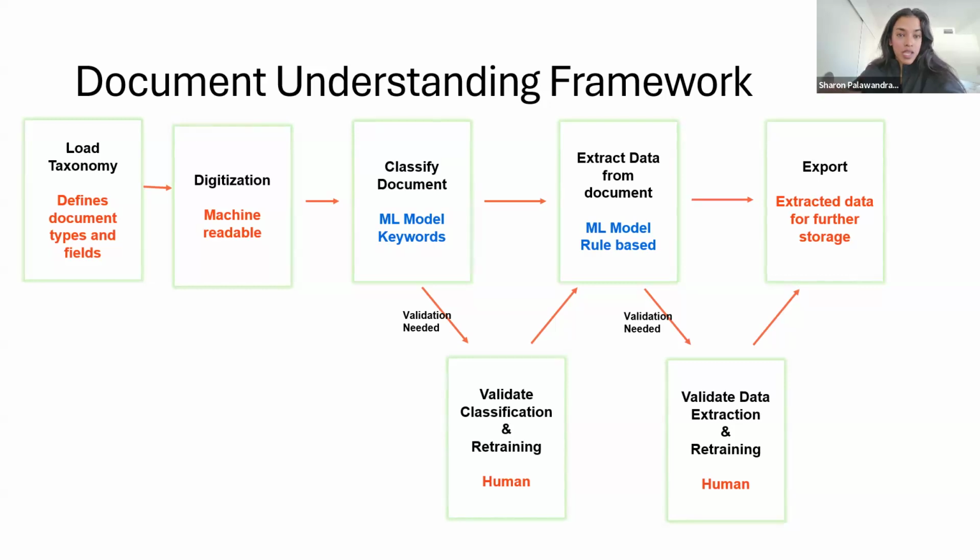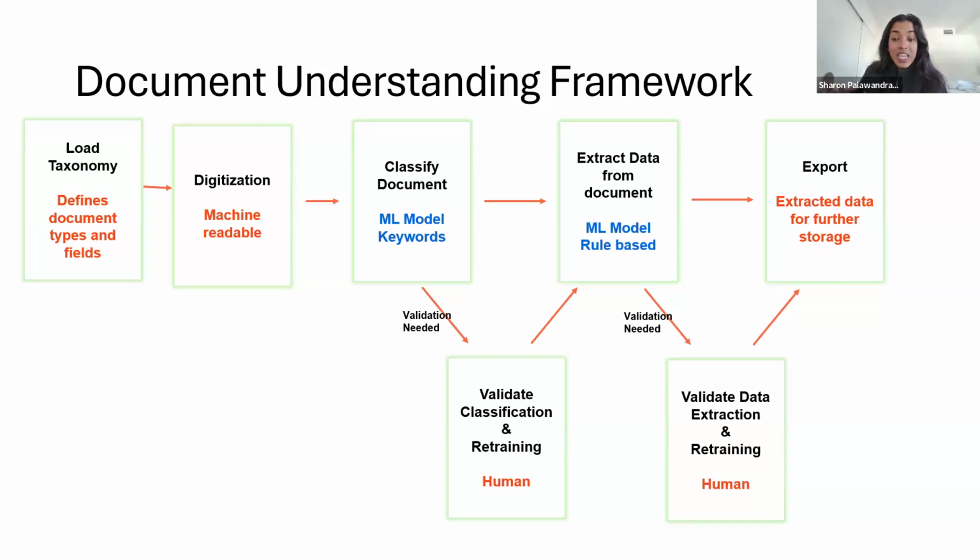So that being said, what I'm going to do now is a deeper dive into how you implement document understanding from a developer or integration standpoint. What you're seeing on the screen is what we call the document understanding framework.